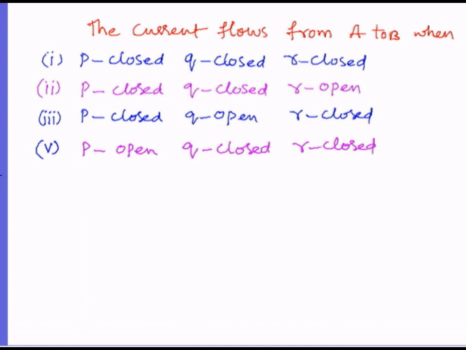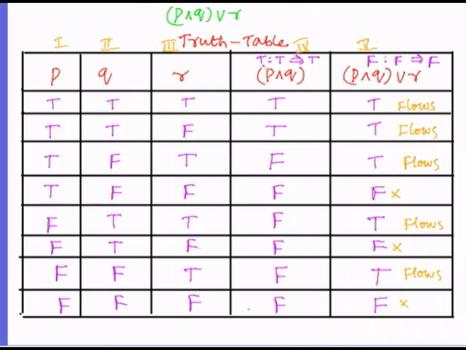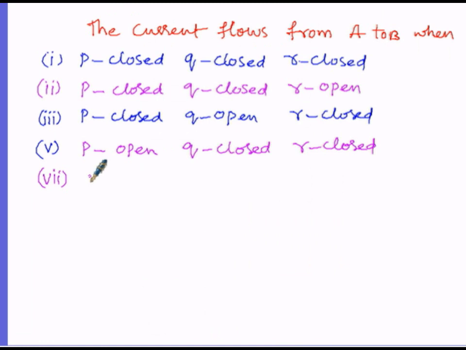And it flows in the seventh case, in which the first two switches P and Q must be open because it is F, and only R must be closed. So P is open, Q is open and R must be closed. Then only the current flows from the terminals A into B.